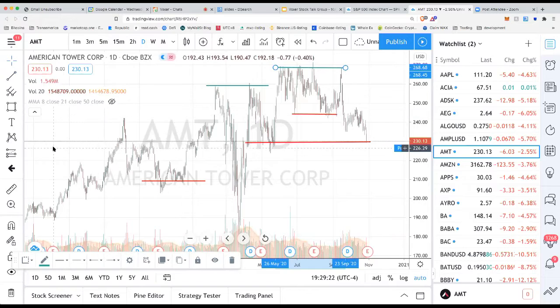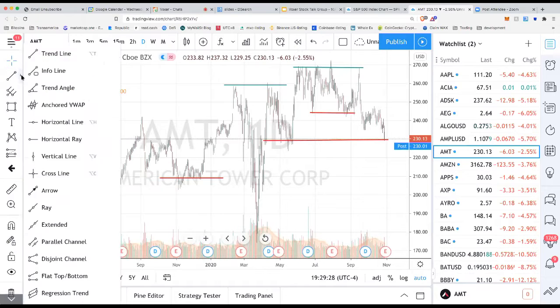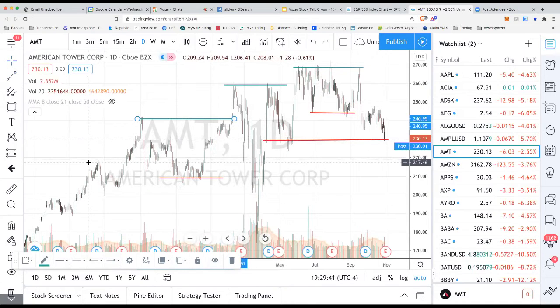And what happens over time is that you'll be able to chart out, draw support and resistance lines on your chart, and they can become areas that will help you in deciding what decisions you want to make about a particular company.